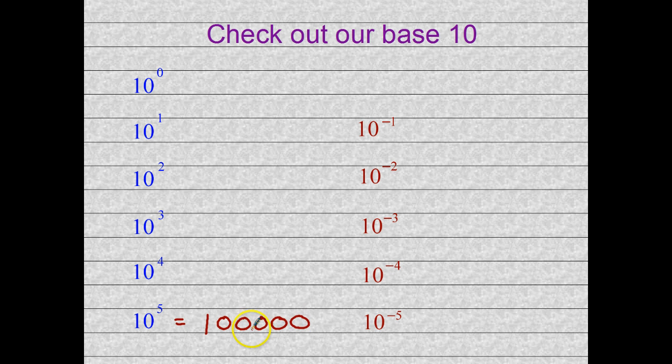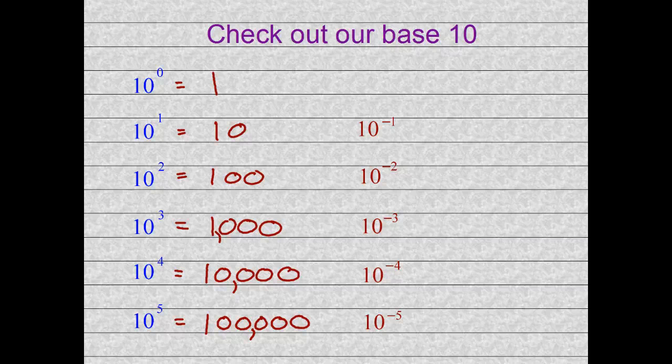Also known as 100,000. This is 1 with 4 zeros after it, which is 10,000. 3 zeros is 1,000. This is 1 with 2 zeros, 1 with 1 zero, and 1 with 0 zeros, also known as 1.